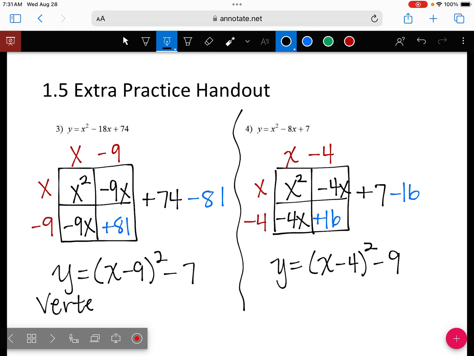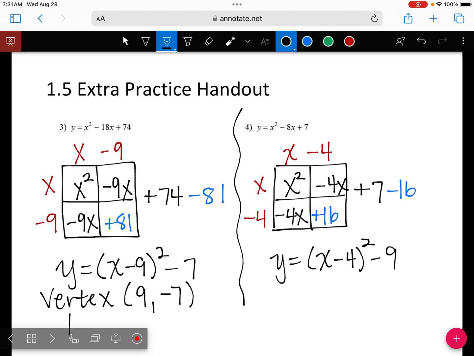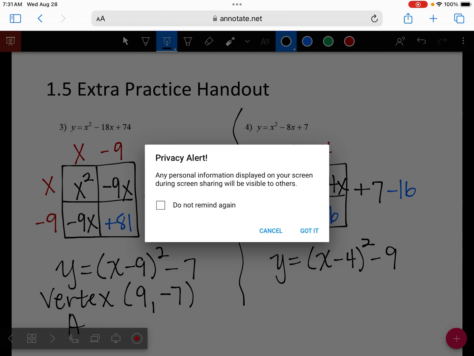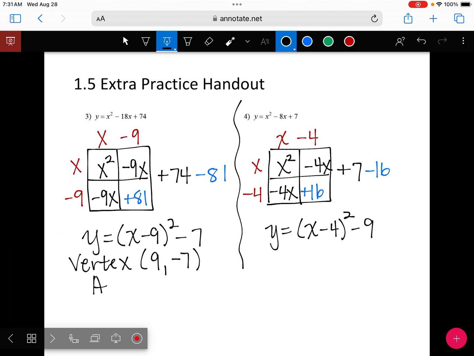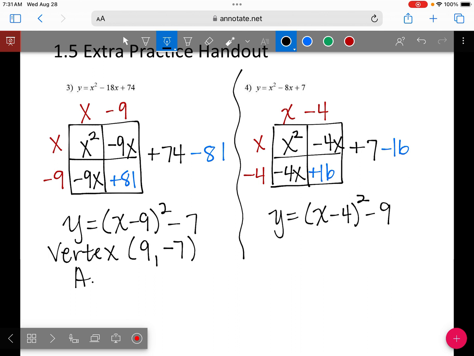Your vertex is going to be at positive 9, negative 7. The axis of symmetry is at x equals 9. For number 4, your vertex is at positive 4, negative 9.